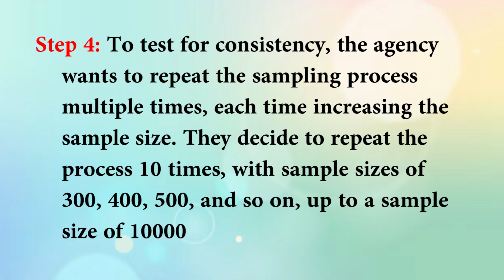To test for consistency, the agency wants to repeat the sampling process multiple times, each time increasing the sample size. They decide to repeat the process 10 times with sample sizes of 300, 400, 500 and so on, up to a sample size of 10,000.